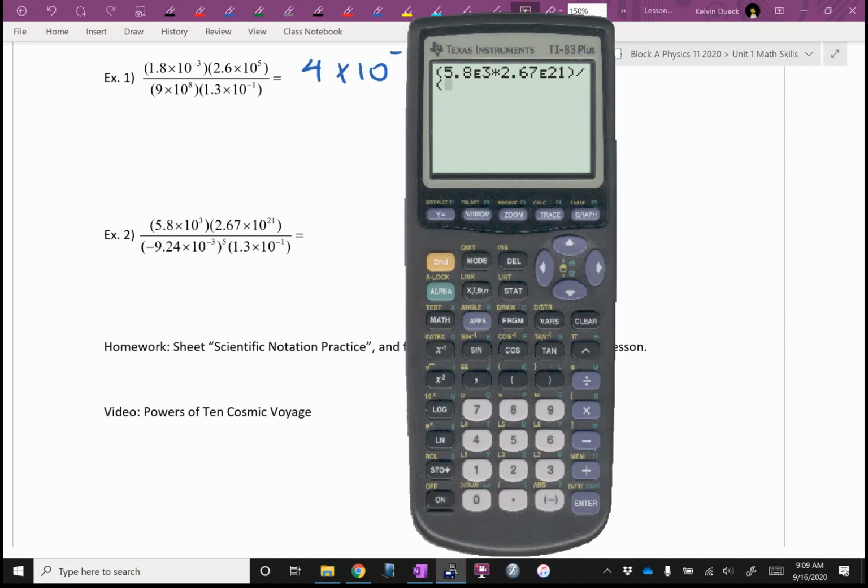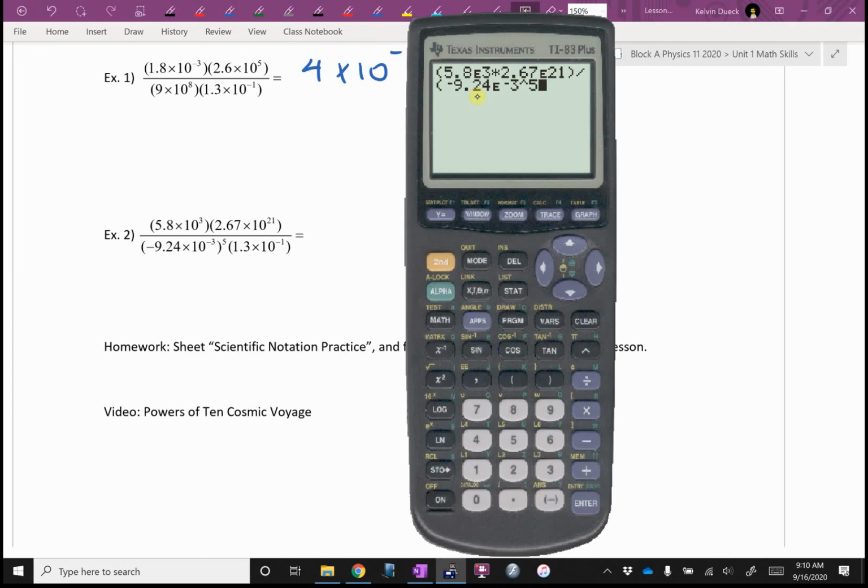I can actually get away with going negative 9.24, scientific notation button, negative 3, hit my exponent button, 5, and the software will know that that exponent is on this whole thing. If you didn't use your scientific notation button and actually typed times 10 to the power of, you would have had to put that number in brackets with the 5 exponent outside the brackets.